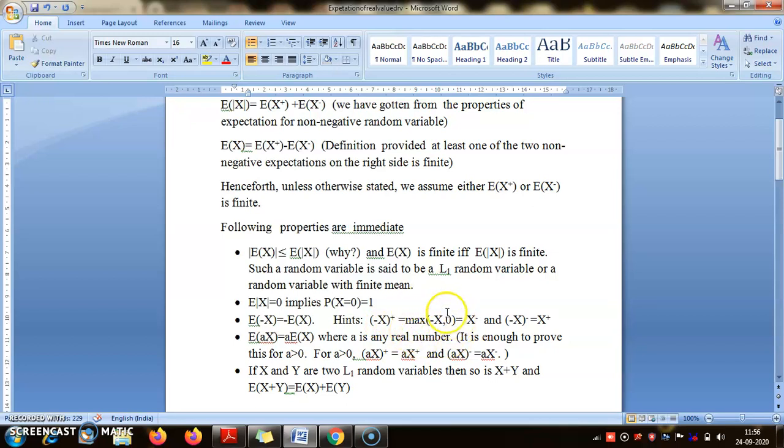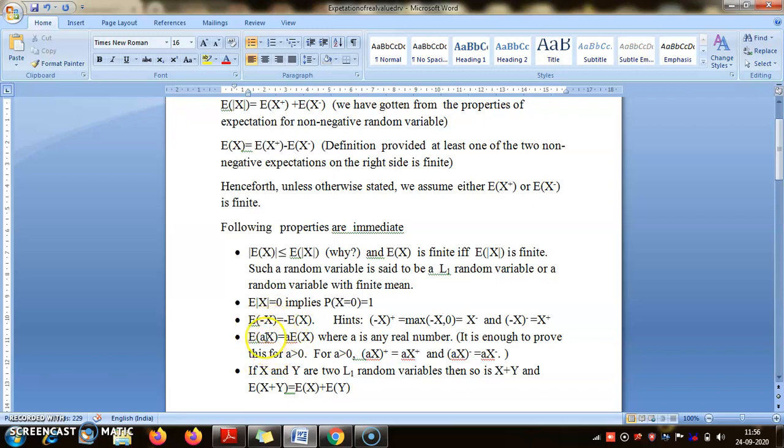But if you recall, this is exactly the definition of X minus, and in the same vein, (minus X) minus would be X plus. So you see what will be this expectation of minus X? It will be expectation of X minus minus expectation of X plus. So it is really the negative of expectation of X. So that is a simple but important relation.